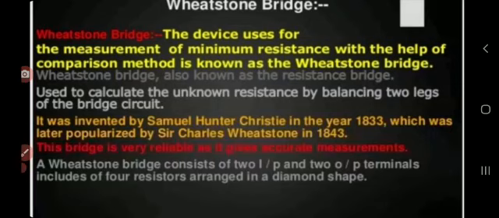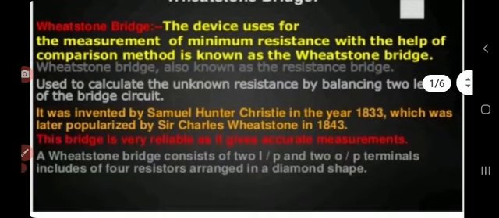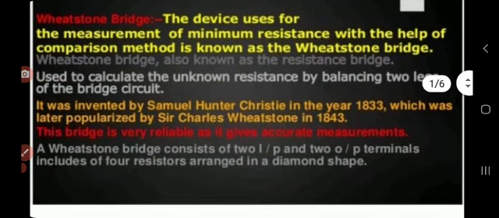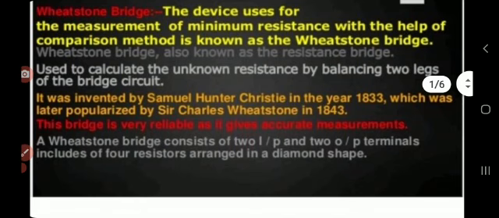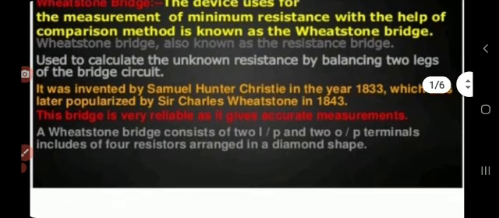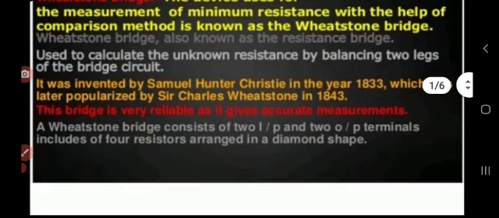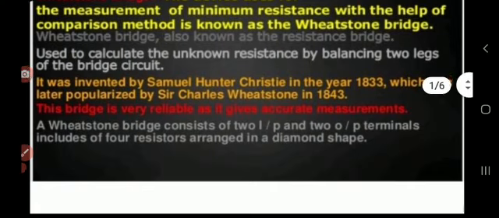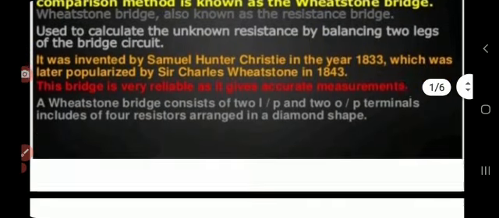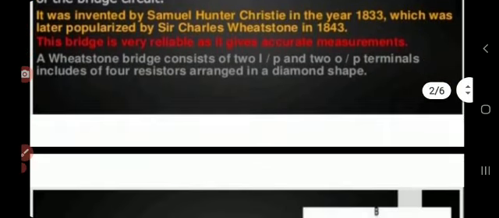It was invented by Samuel Hunter Christie in the year 1833 and later popularized by Sir Charles Wheatstone in 1843. This apparatus, or this instrument, is used to find out the accurate measurement of resistance.